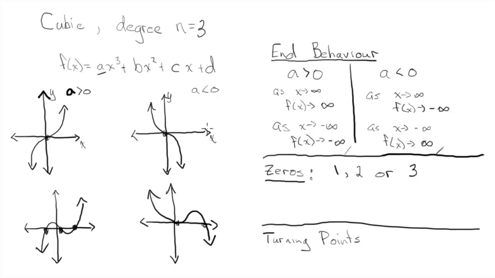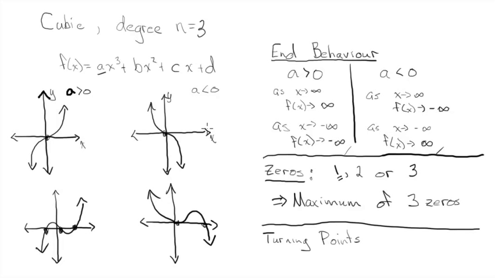But notice you will always have 1. You can never have fewer than 1 because the end behavior is different on each side, because on one side it's going up and the other side it's going down. It's always eventually going to have to cross that x-axis. So one key we're going to want to pay attention to with zeros is that the maximum is 3 zeros.